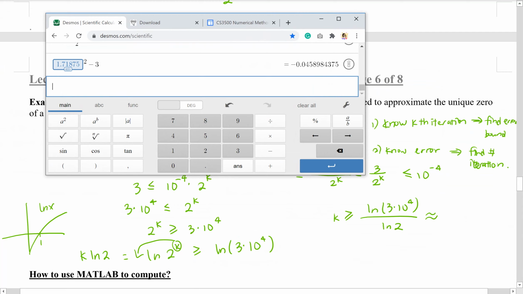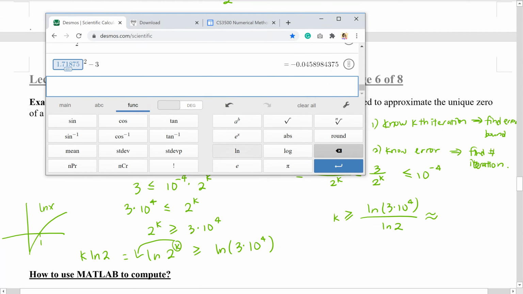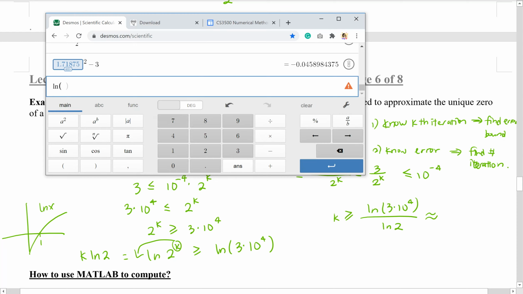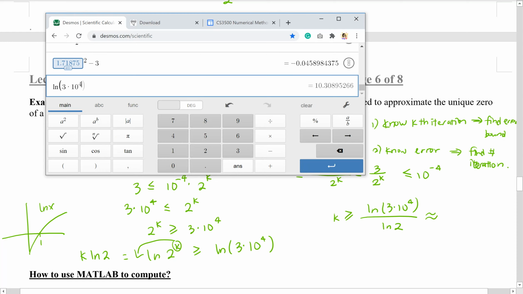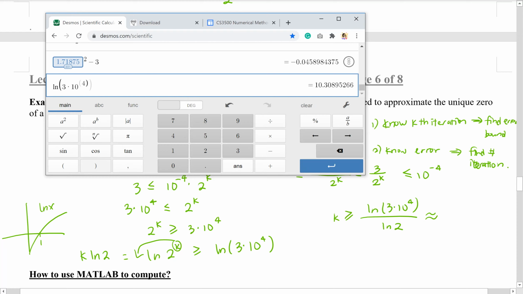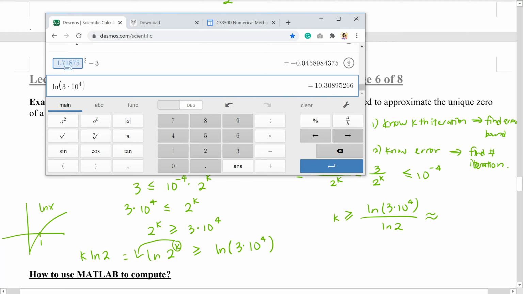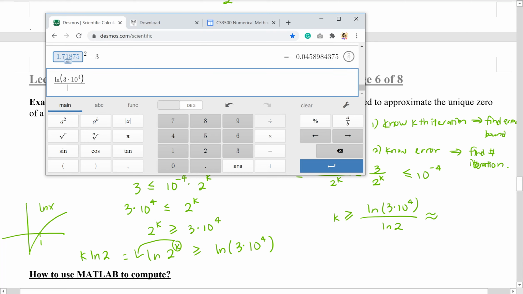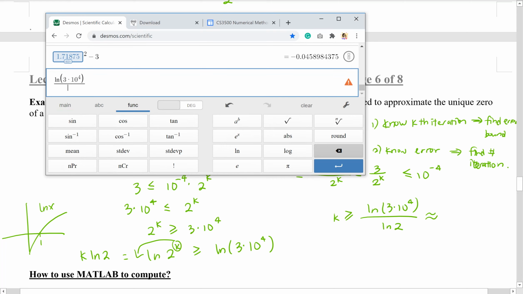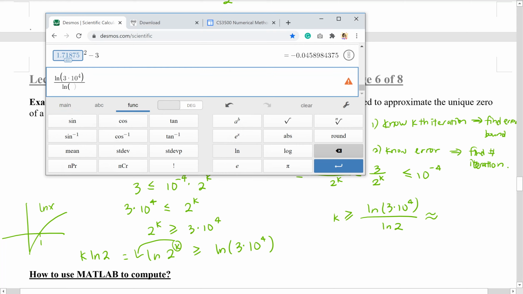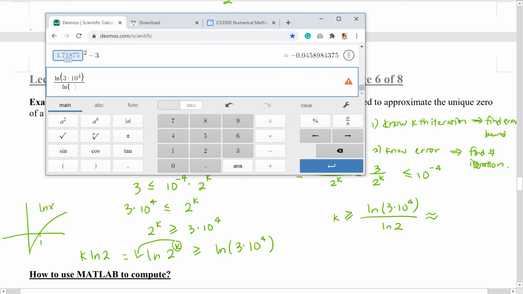So we have ln of 3 times 10^4, close parentheses, and then divided by ln of 2, close the parentheses.